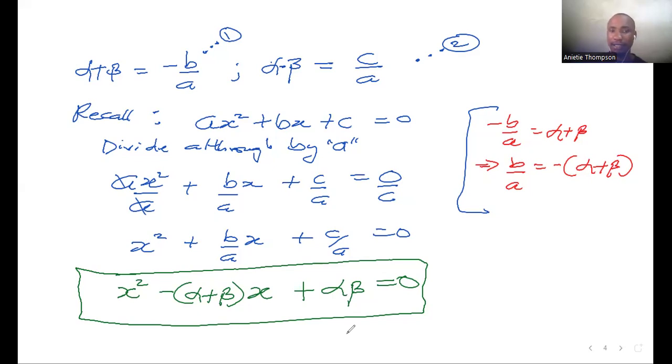So meaning that if we divide across a quadratic equation of any kind by the leading coefficient, what we are obtaining there is x squared minus the sum of roots, then x plus the product of roots.